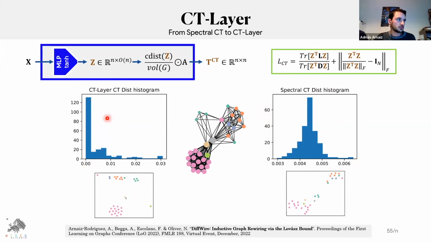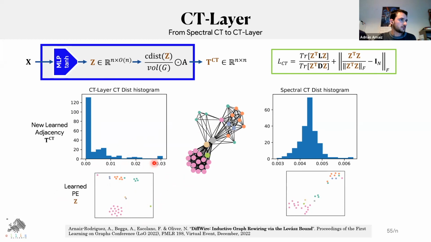Maybe that's the reason why we have a lot of edges with very little weight. But on the other hand, it gives a lot of weight to some of the edges, as these are the edges of the bottleneck. So it's going to prioritize the bottleneck rather than the communities. And it's very understandable looking at the CT embedding.